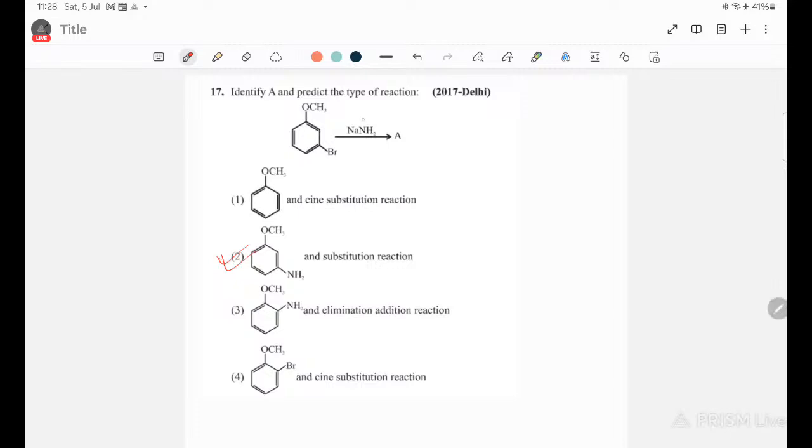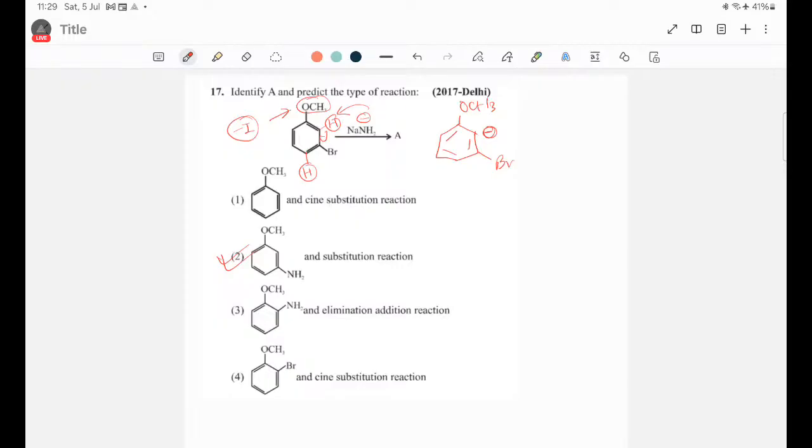Here, if you have NH2 minus, it can take this hydrogen or this hydrogen. But as the OCH3 group has a minus I effect, this hydrogen will be comparatively more viable to leave, because as NH2 minus takes this hydrogen, the negative charge will develop here and it will be stabilized due to the minus I effect of the OCH3 group. Why?